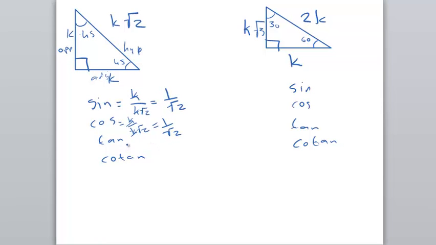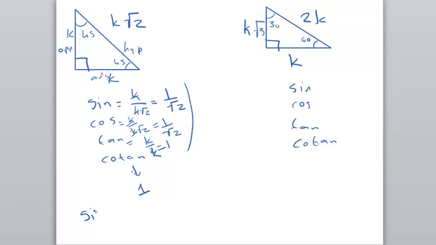Tan is opposite over adjacent, so it will be equal to k over k, which will be equal to 1. And cotangent is just the opposite of tangent, k over k, which will be same as tangent, equal to 1. So what did we learn?